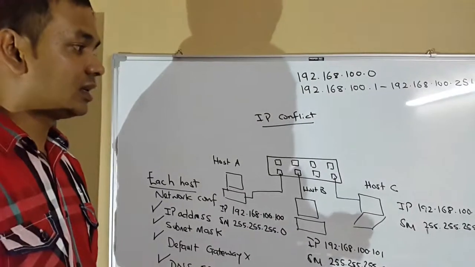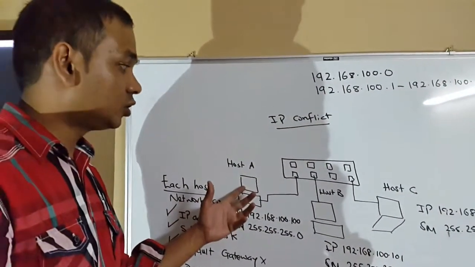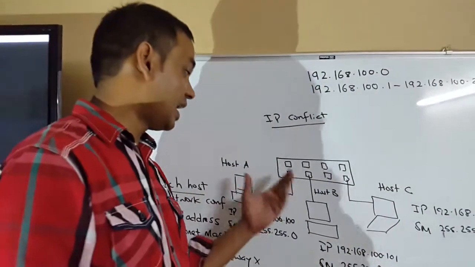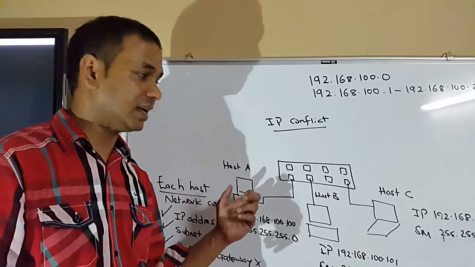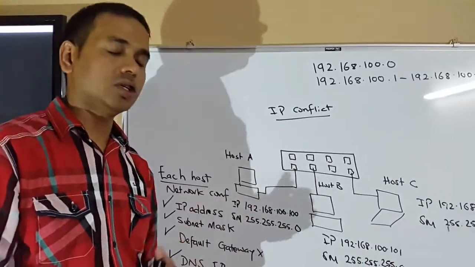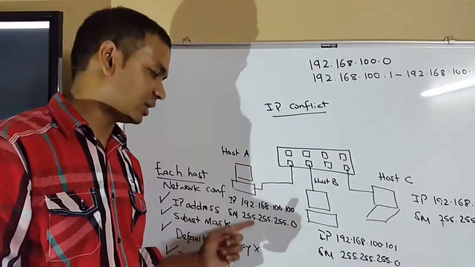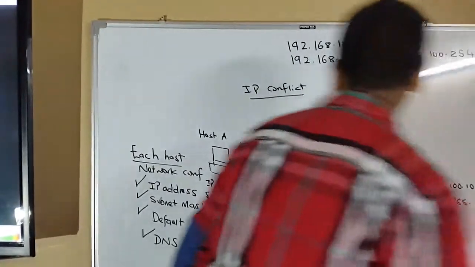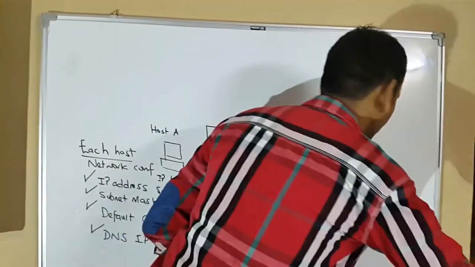Now, for example, I want host A to communicate with the internet. I mean, I want to load web pages on host A. I can't just assign host A the IP address and the subnet mask. There's another very important thing I will need to assign, which is called the default gateway.